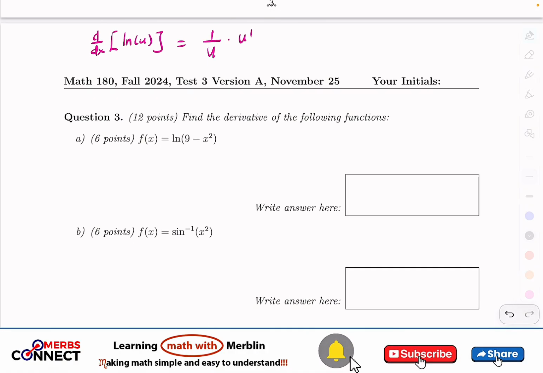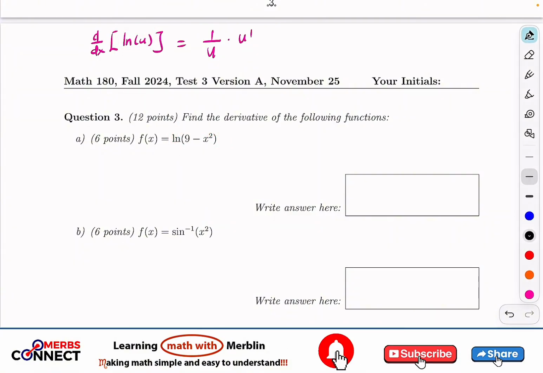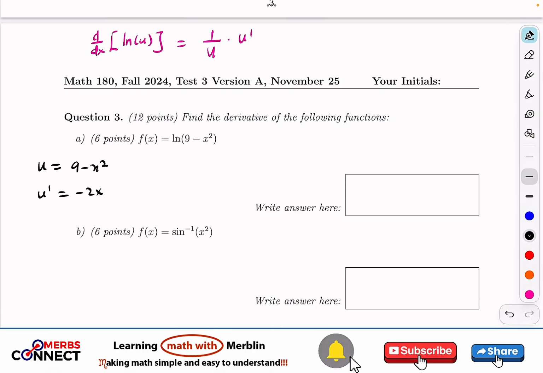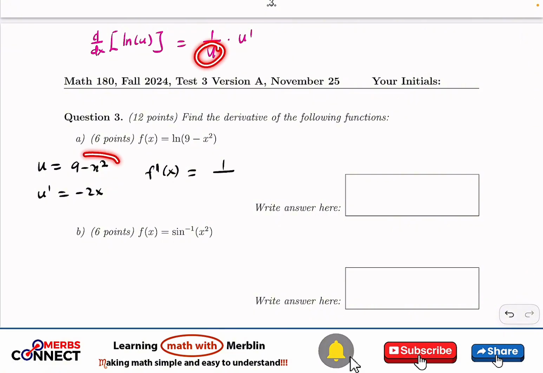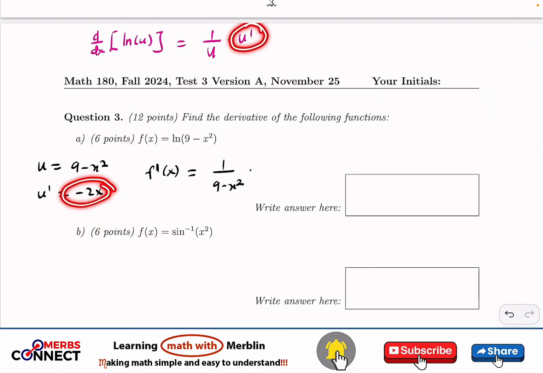So here, when you compare this here to this, you will see that our u is equal to 9 minus x squared. So looking at what the outer function here, we need u prime. So we need u prime, and this is minus 2x. So what is f prime here? F prime is equal to 1 divided by u, which is 9 minus x squared, times u prime, which is this.